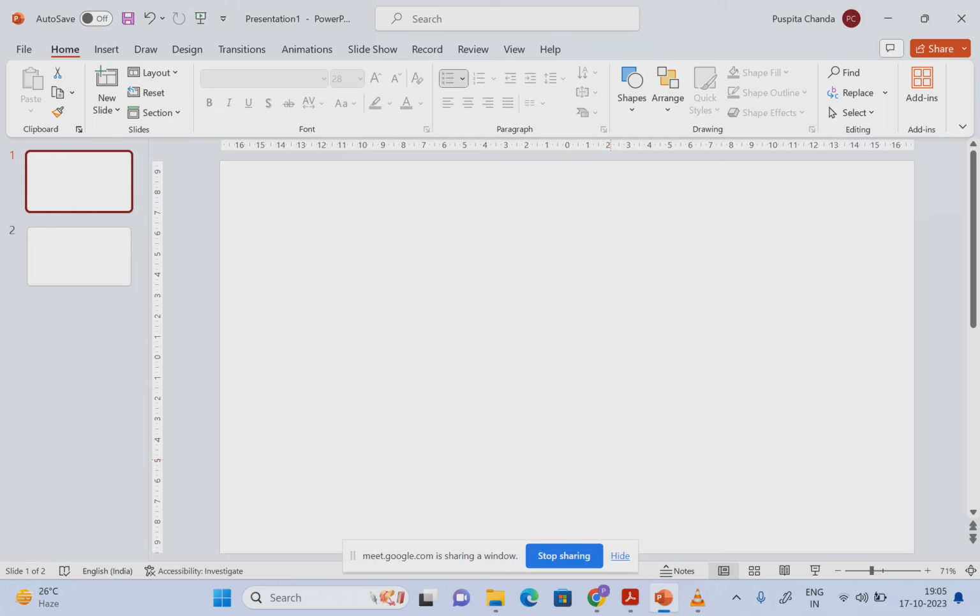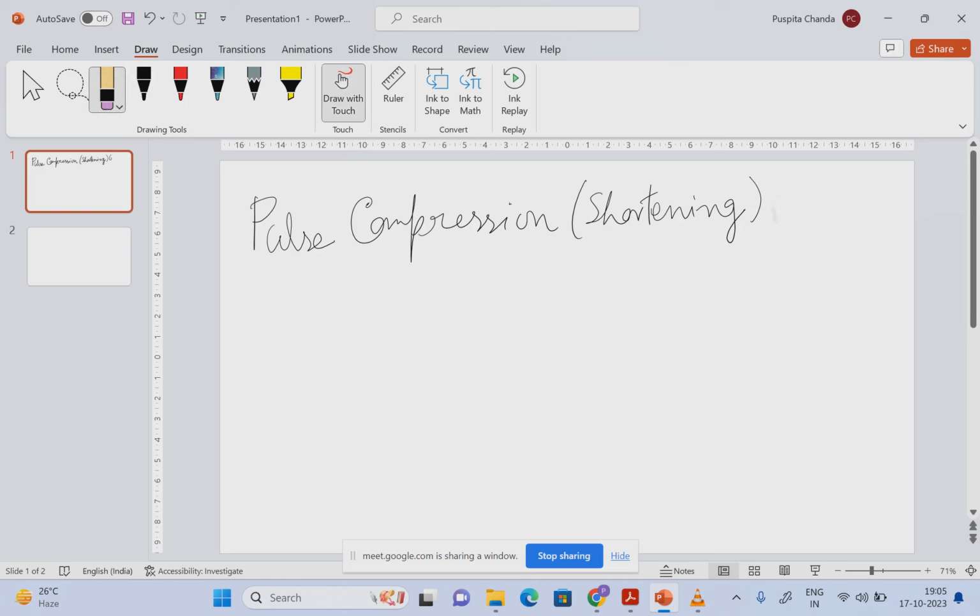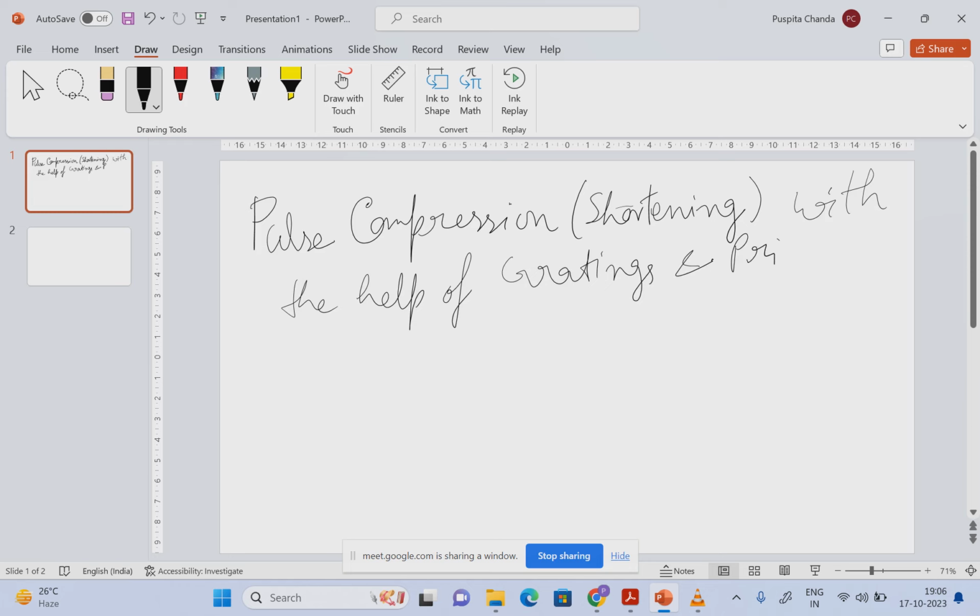So, I want to discuss now pulse compression, or pulse shortening, with the help of prisms and gratings.